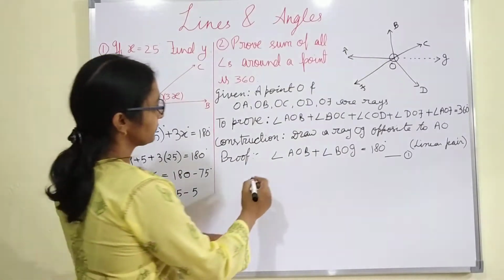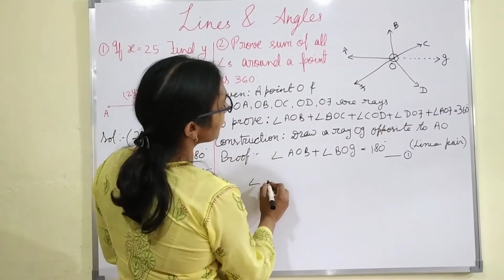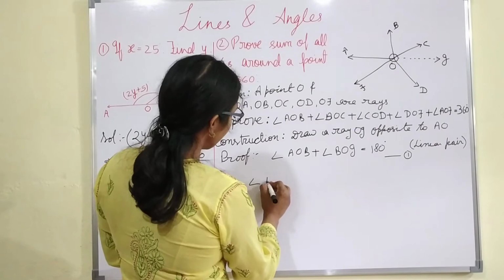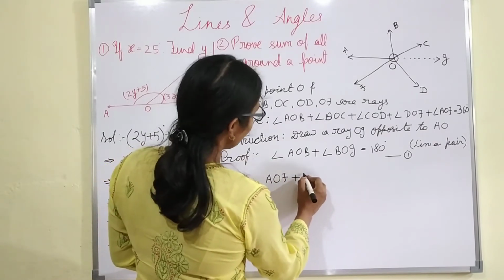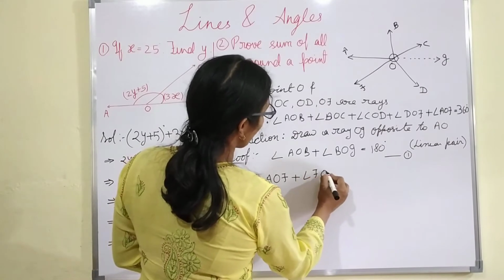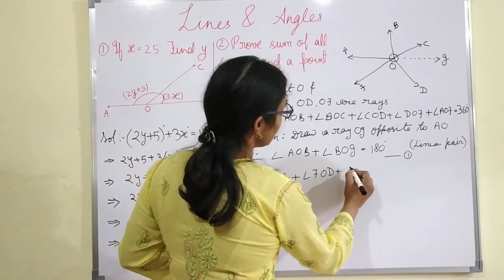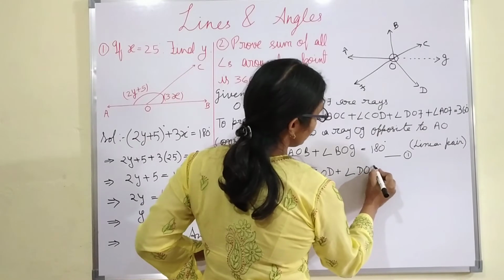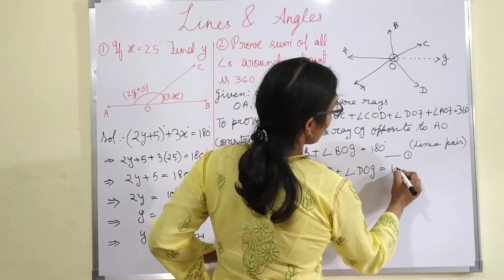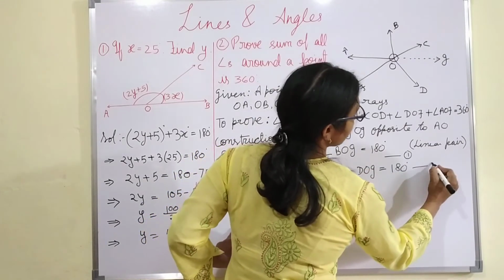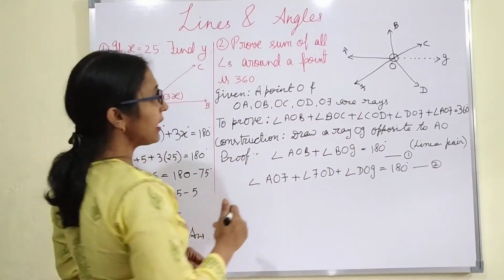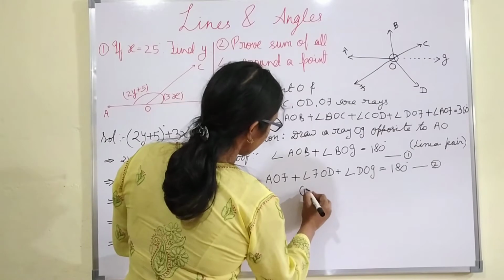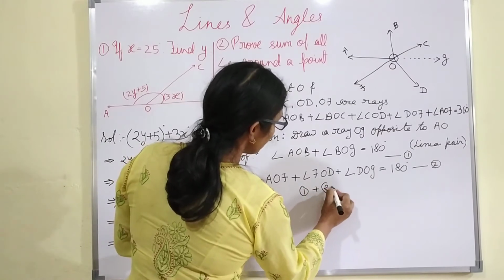Now angle AOF plus angle FOD plus angle DOG equals 180 degrees. It's equation 2. Reason is the same, linear pair. By adding equation 1 and equation 2.